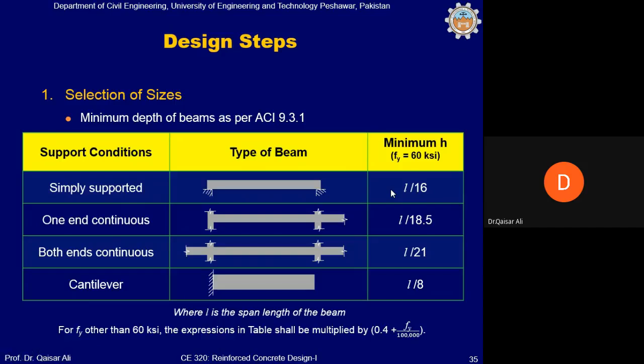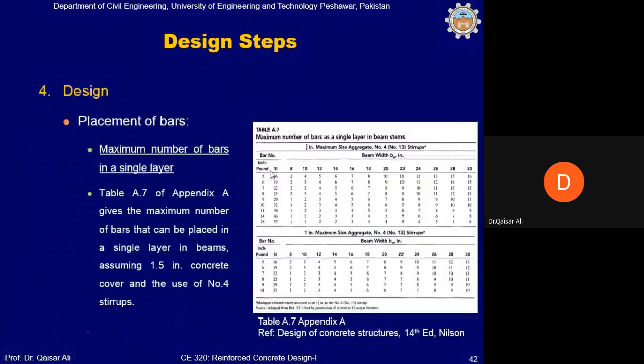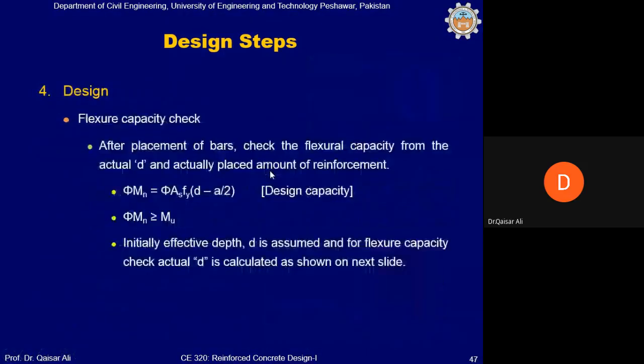So you can take a depth larger than this within reasonable limits, but not less than this. Because if you take depth of the beam less than this, then there will be a possibility of excessive deflection. Although the beam may not fail, the beam may deflect excessively, which again is not a desirable situation.